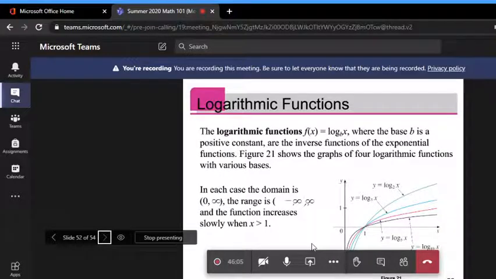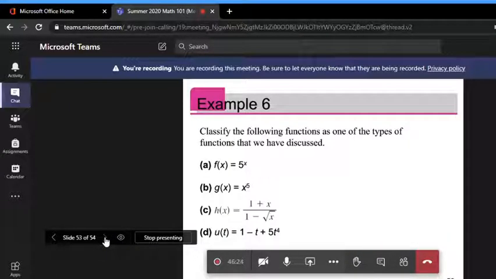So it is kind of symmetric with respect to the line y equals x. So they are inverses of each other, logarithmic functions and exponential functions. So log x graphs are all going through 1, because log 1, regardless of the base, is going to be 0.